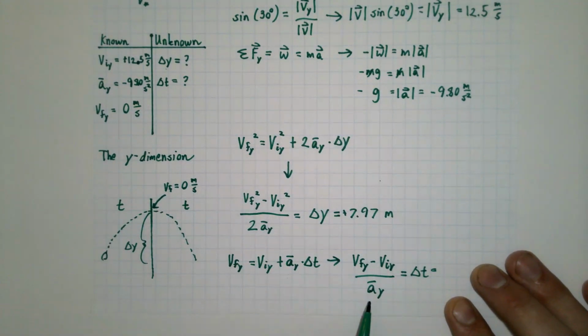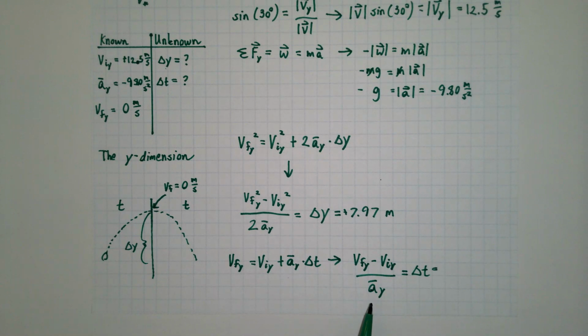This is our rearranged kinematics equation. Final velocity is 0. Our initial velocity is 12.5, positive 12.5, divided by our acceleration of negative 9.8. So we get 1.28 seconds.